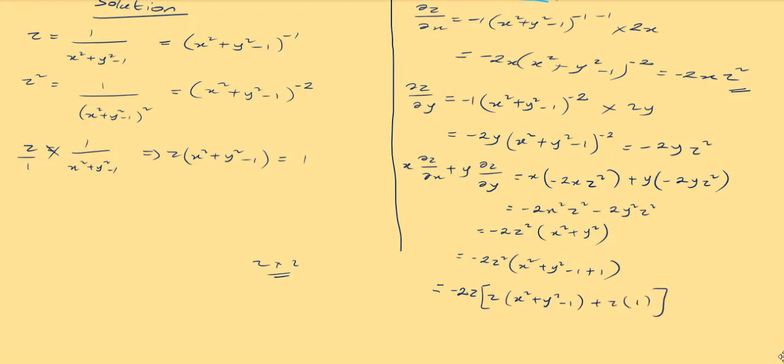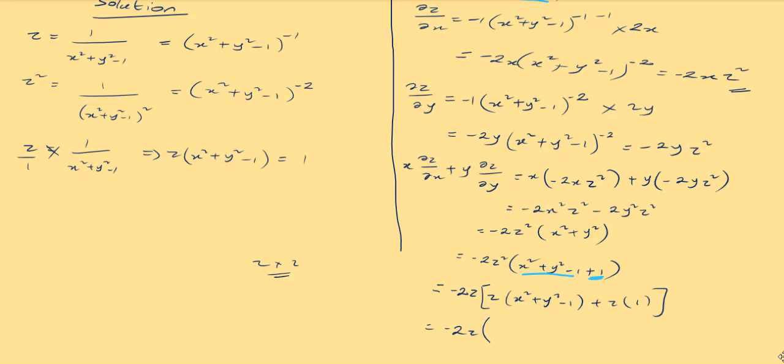So in reality, I use one of the z to multiply what is in the bracket, this s square plus y square minus 1. Then this one is still there, so that's why I have z times 1. Whenever something is outside the bracket, you use it to multiply everything in the bracket. So eventually, at the end of the day, I will have minus 2z open bracket.